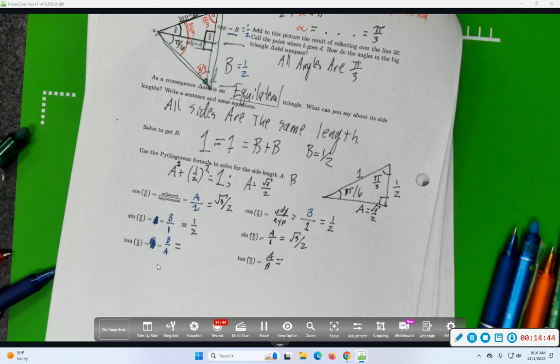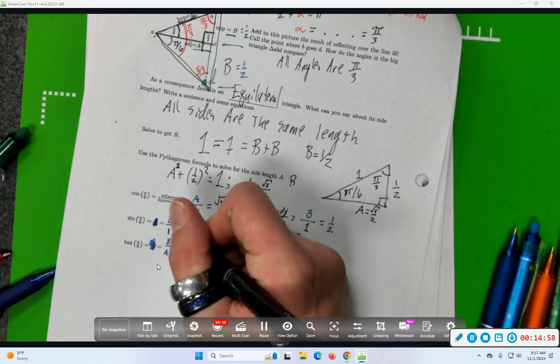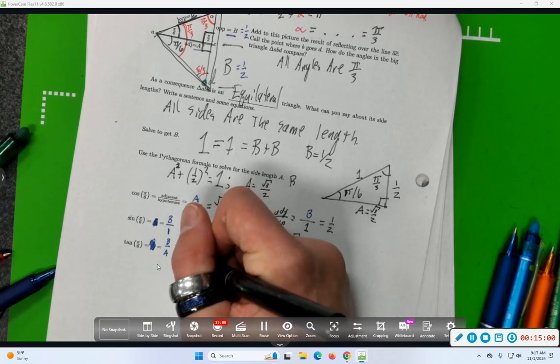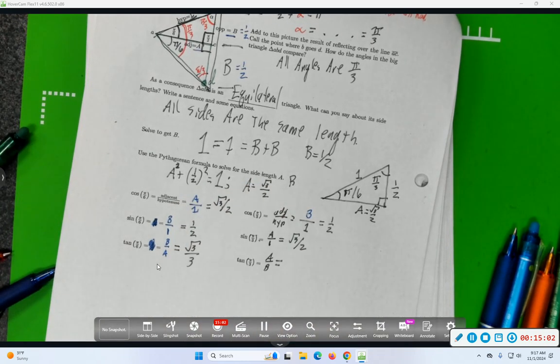Tangent of pi over 6. Root 3 over 3. Do I hear a second? Nice. Tangent of pi over 3. Square root of 3. Nice.